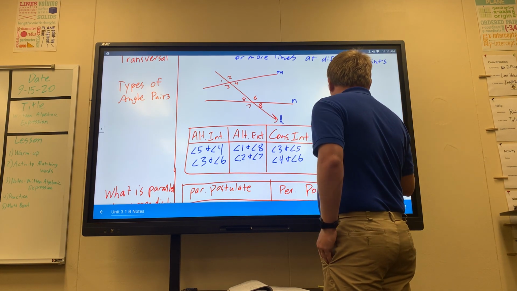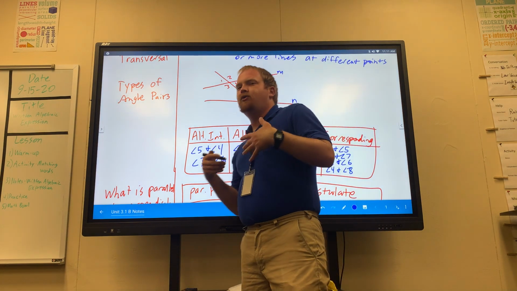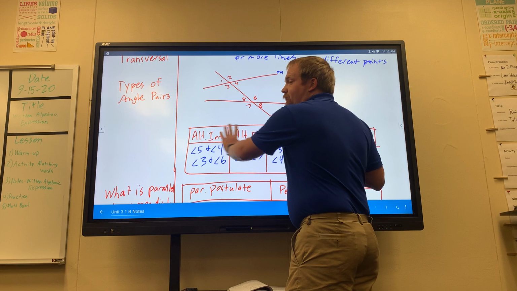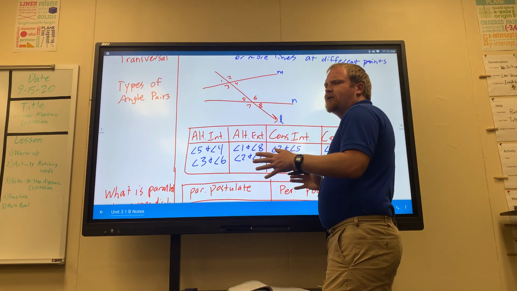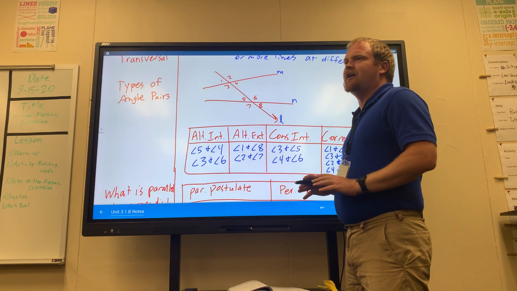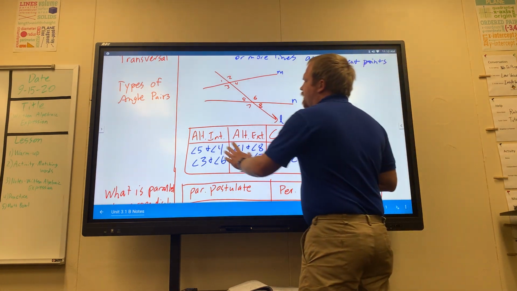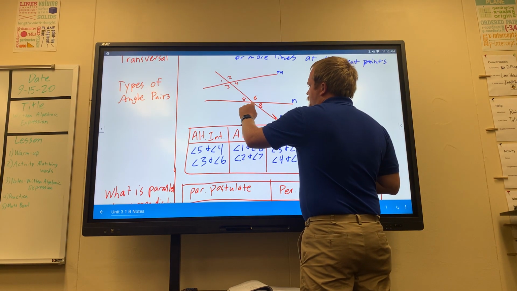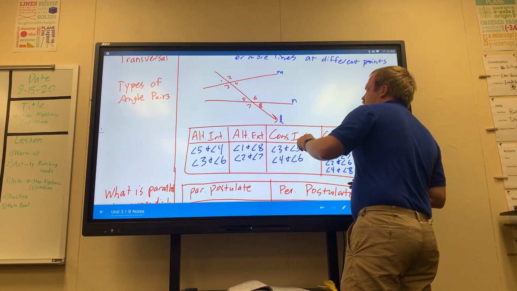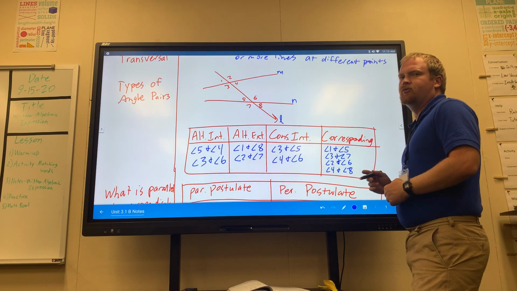Now, we'll dig more into transversals and what these have to relate to each other when it comes to parallel lines and transversals. But again, that's for another day. But you should be able to identify alternate exteriors and alternate interiors, consecutive interiors, and corresponding angles.